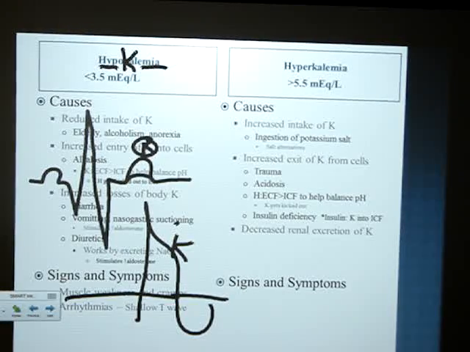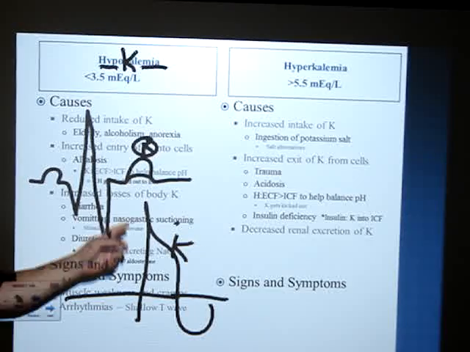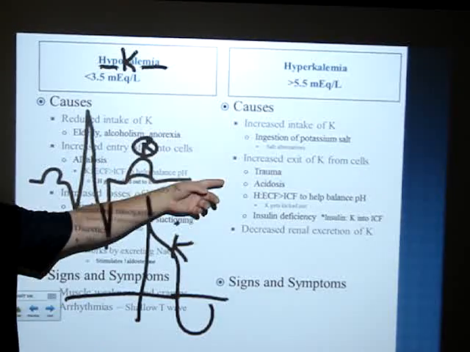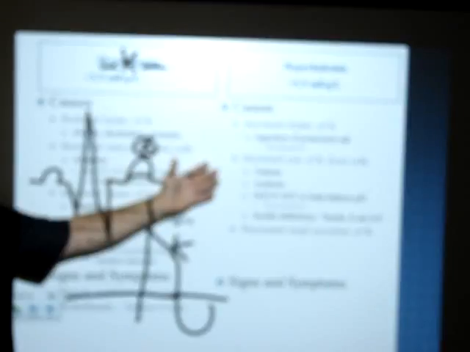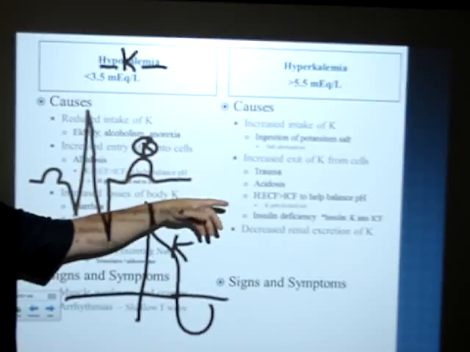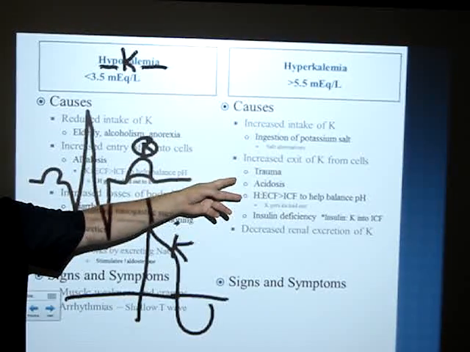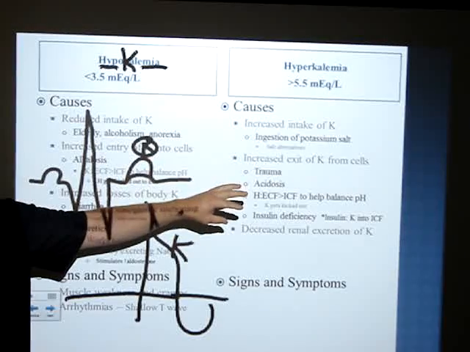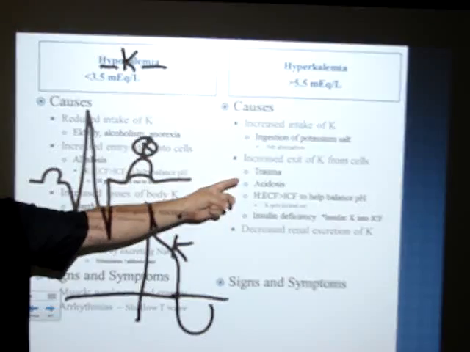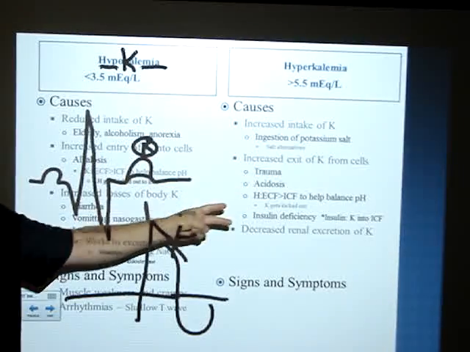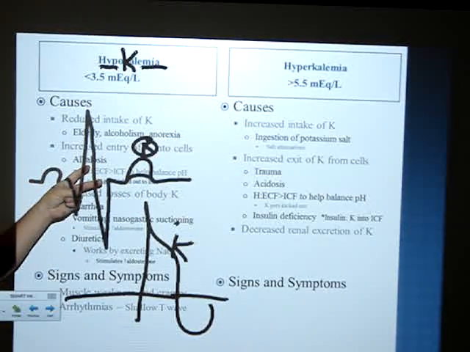Okay, so we can get rid of the potassium from inside of our cells. How do we do that? Well, trauma, of course, is always an issue. Kidney, whatever. Acidosis. Okay, so now too much potassium in our bloodstream, too little potassium in our bloodstream.